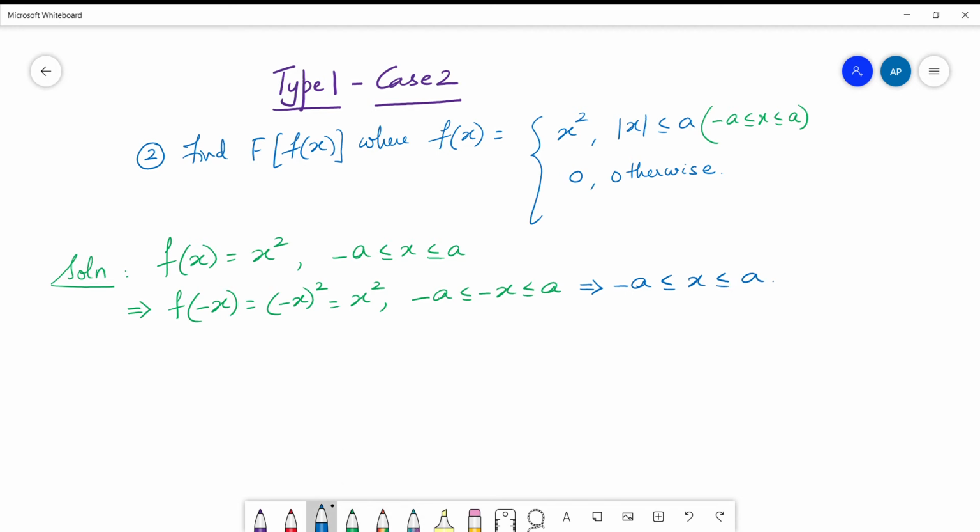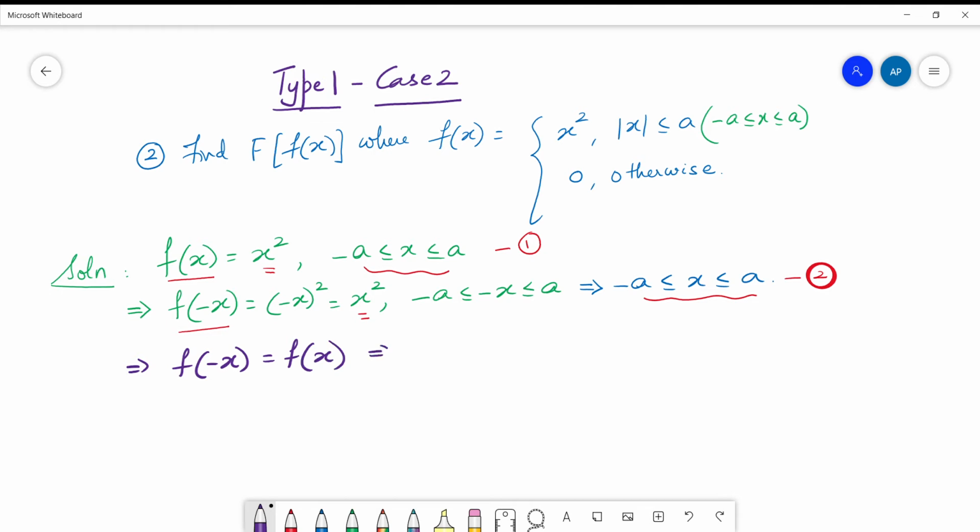If we equate 1 and 2, the function f of x and f of minus x both are equal to x square in the same interval. What does that mean? This means that f of minus x is equal to f of x, which proves that f of x is an even function of x.